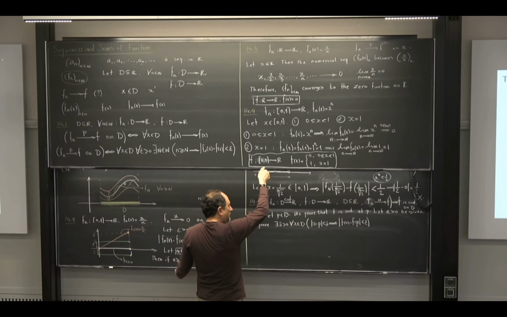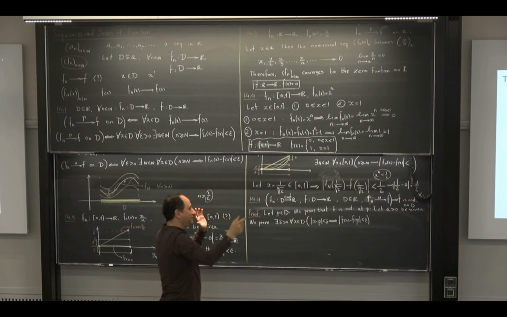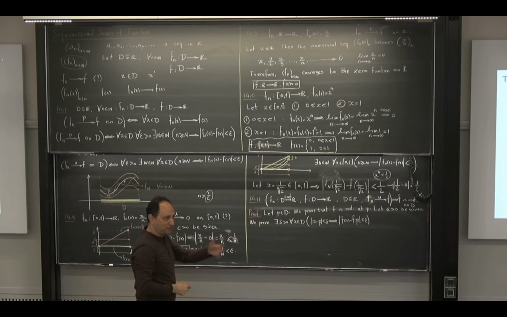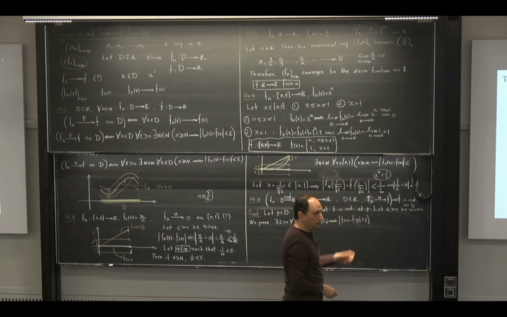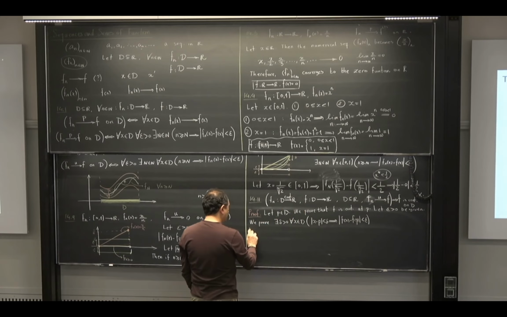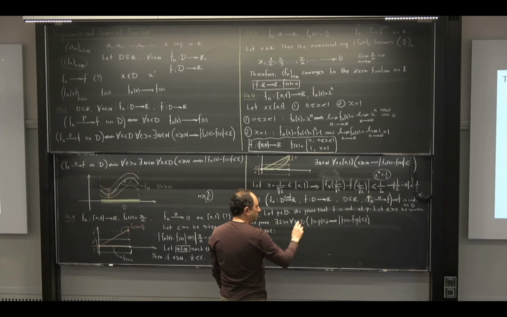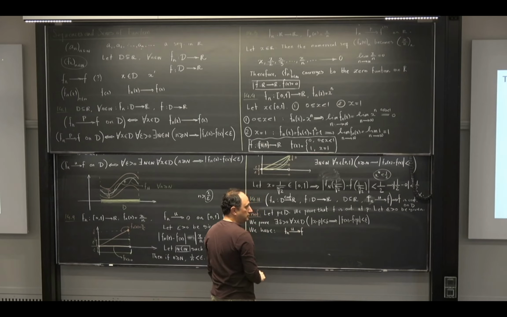Now you have this mentality again, like a factory that generates the numbers you want. Okay, so I start from here. So we have fn converges uniformly to f on D.